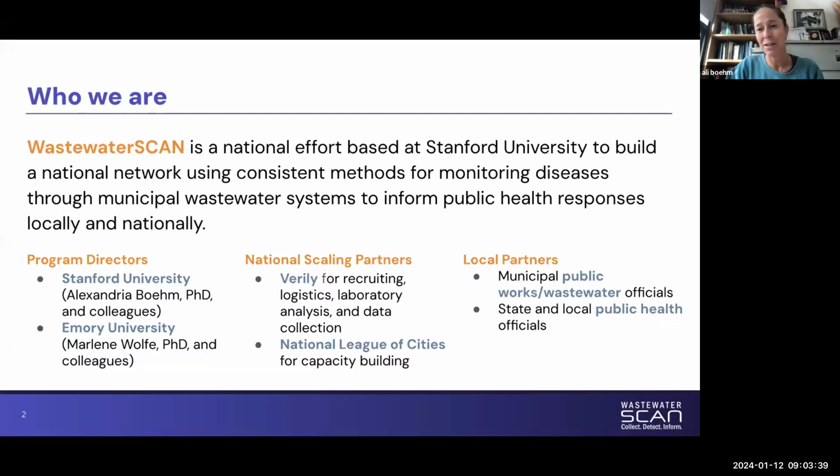We show this slide at the beginning of all of our presentations, who we are. We're a national effort based at Stanford, and we use consistent methods for monitoring diseases through wastewater to inform public health responses locally and nationally. Marlene and I, who you know well, are the program directors, and Marlene is at Emory.